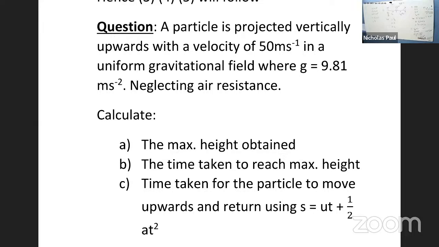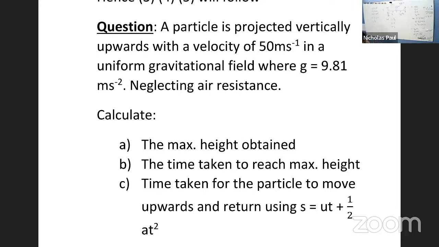Then your initial velocity is 0. So it was projected with the velocity. We can't use v squared equal to u squared plus 2as? We are getting maximum height.